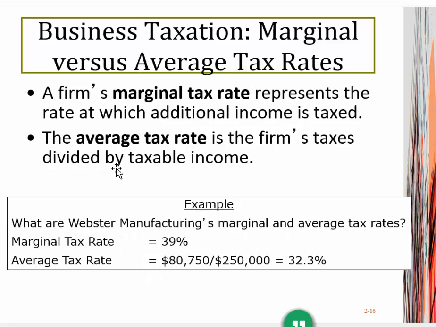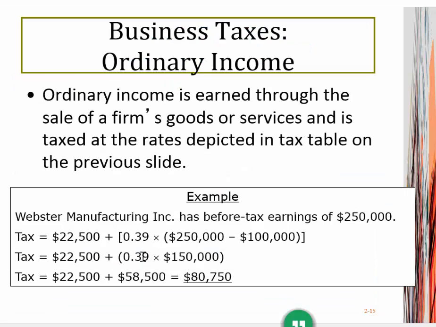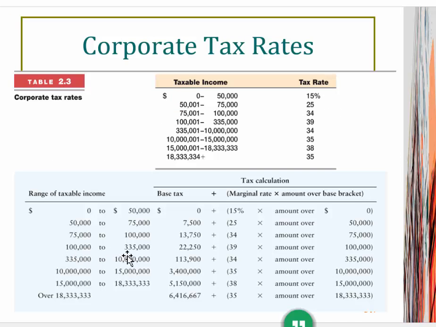But let's investigate a little bit further. There are actually two tax rates that we can calculate or talk about. The first one is called the marginal tax rate, and that represents the rate at which additional income is taxed. So if we go back up to this example, $250,000 is in this row.